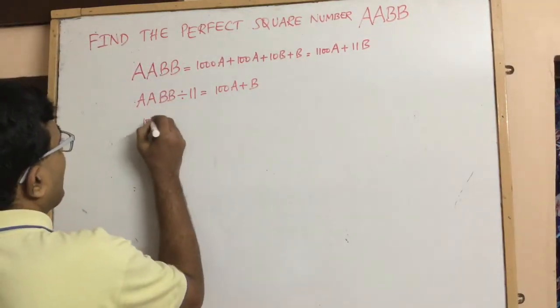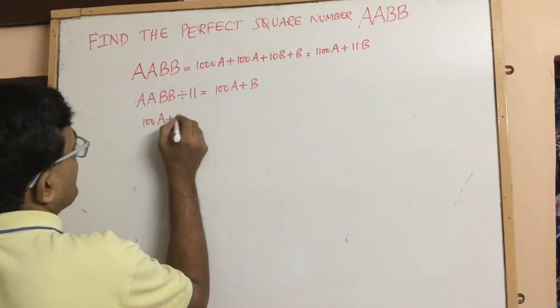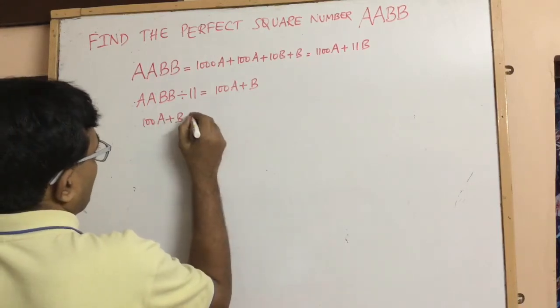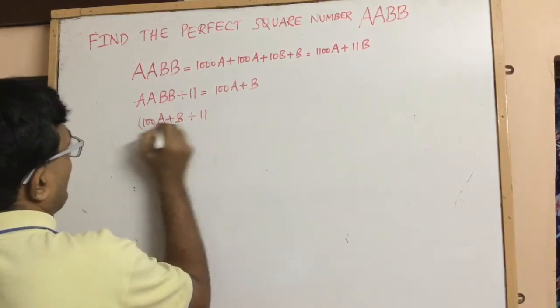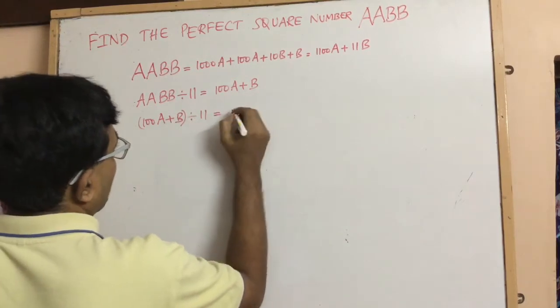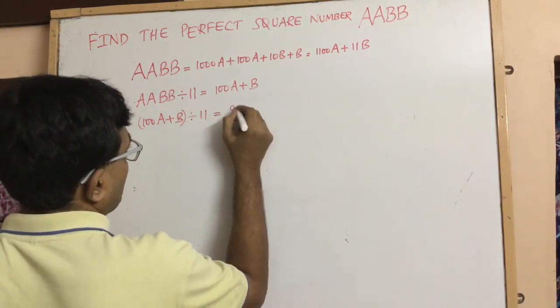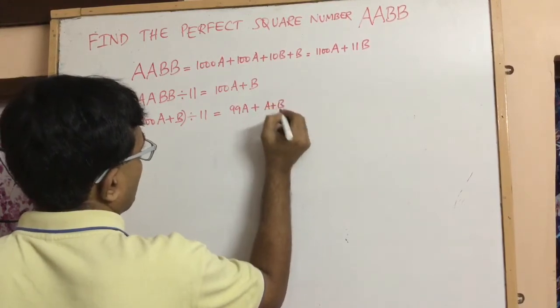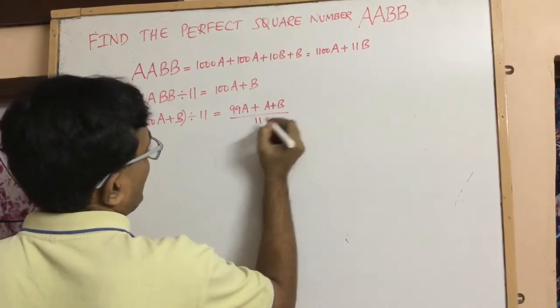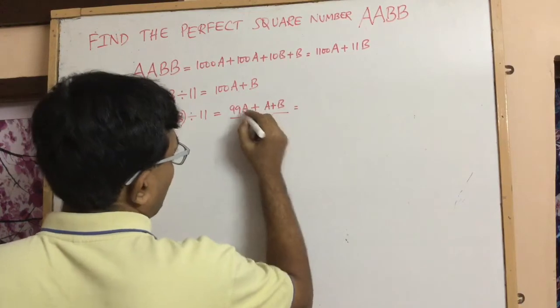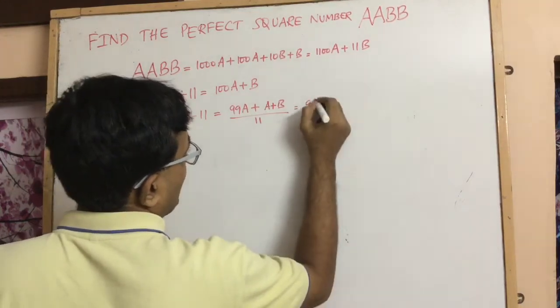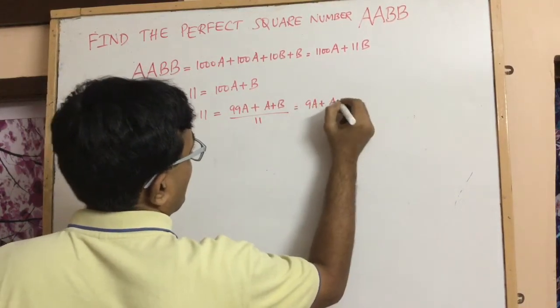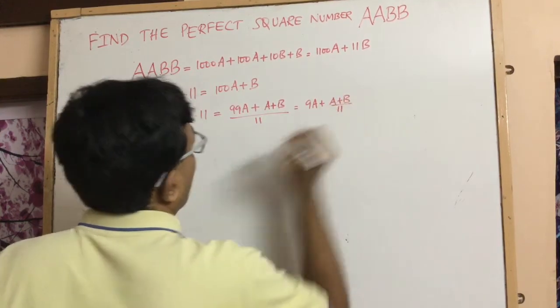So 100A plus B, when we divide this by 11, can be written as 99A plus A plus B divided by 11. That would be 99A by 11, which is 9A, plus A plus B by 11.